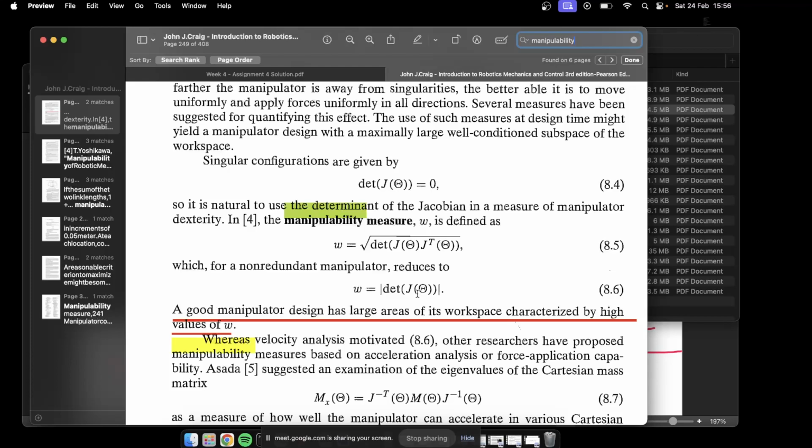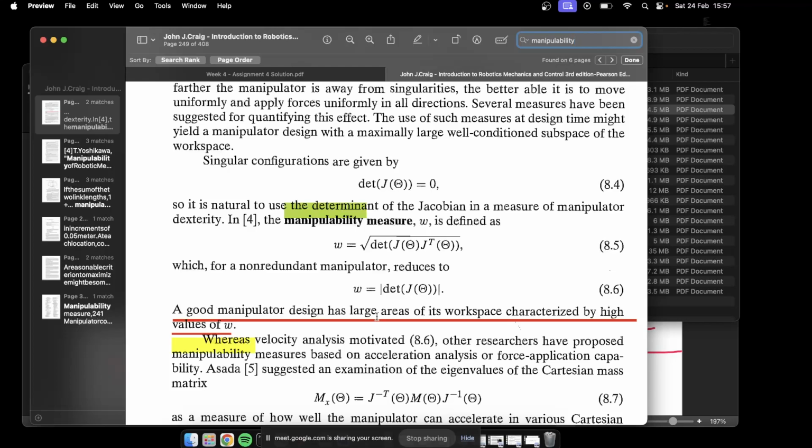But while working with higher degree of freedom manipulators, and in fact while designing manipulators, you would have to analyze your workspace very carefully, to see where the positions are where your manipulability is highest or the least, and how it affects your ability to do the task for which you are designing the manipulator.